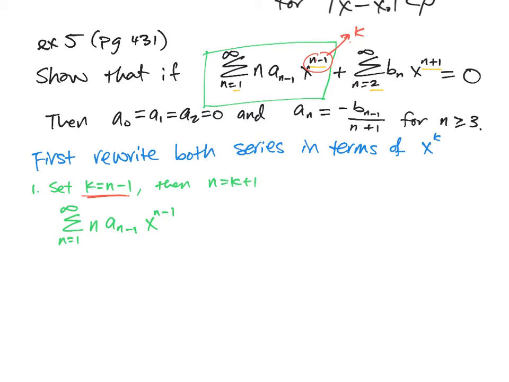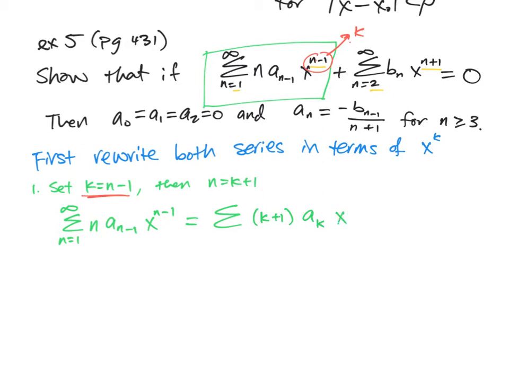So if I do my substitution, I'm not going to do the limits on the summation just yet, but I can turn n into k plus 1, and n minus 1 is going to be equal to k.